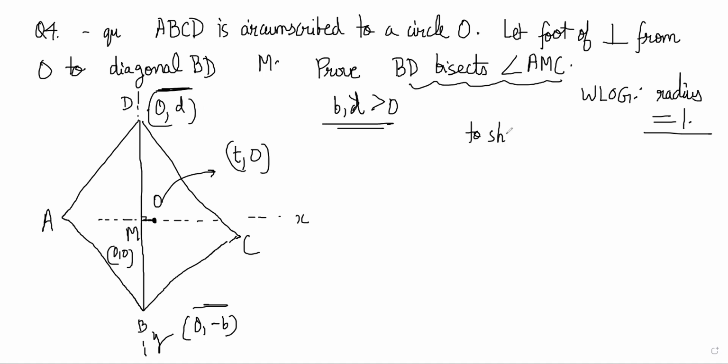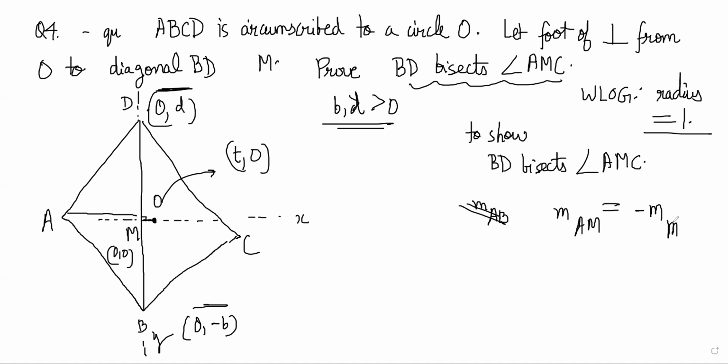To show BD bisects angle AMC, what we need to show is that slope of AM is equal to and negative in sign with slope of MC, right? So AM and MC are these line segments.